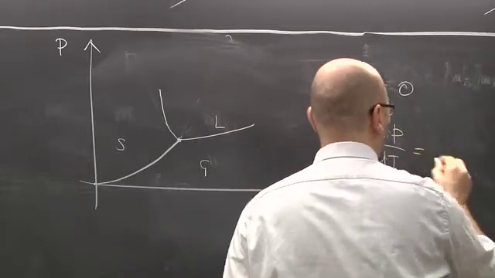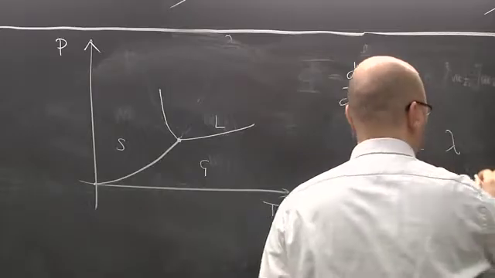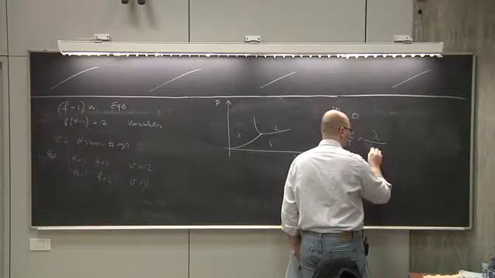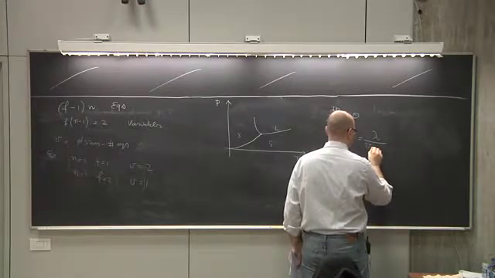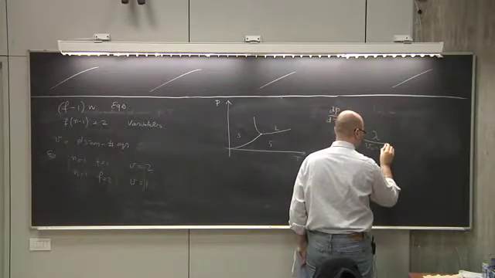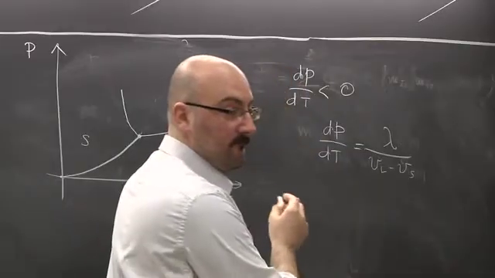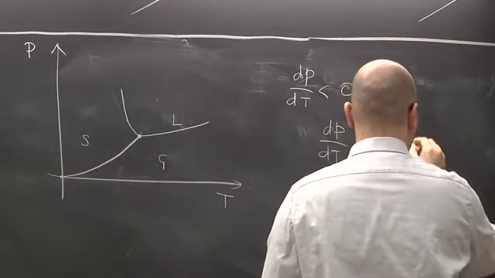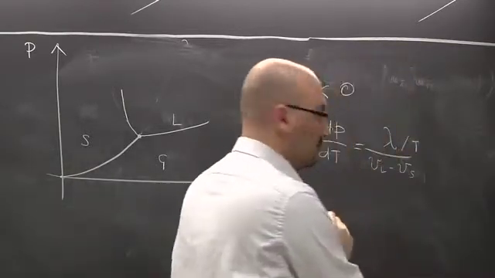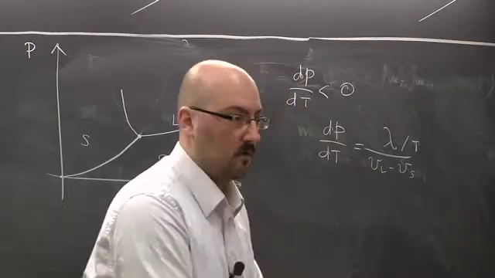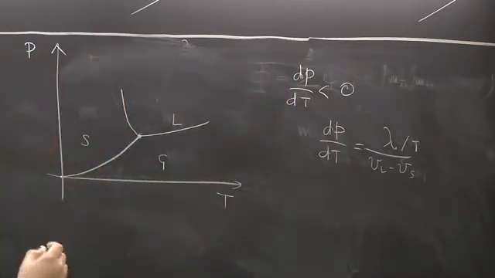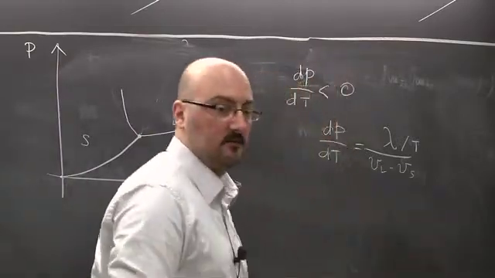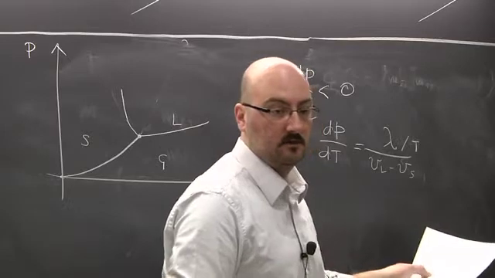dP by dT was equal to lambda over V liquid minus V solid, times T. So this is the inverse of the density of the liquid, and this is the inverse of the density of the solid.